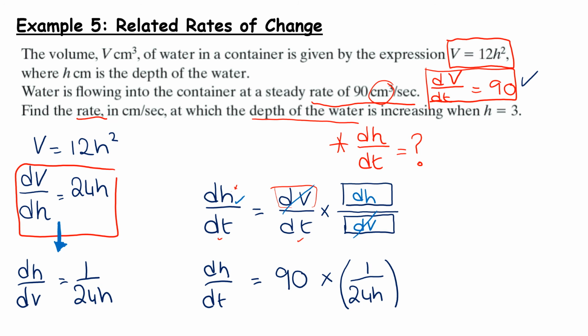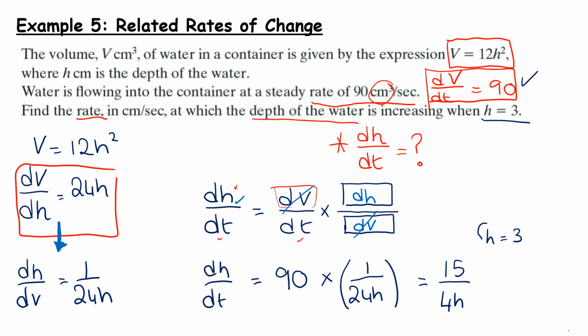Multiply across the top and across the bottom, and we can simplify, and I get 15 over 4h. So it was really 90 over 24h, but we can simplify the top and the bottom. 6 goes into both. Again, this is giving me the rate at which the depth of water is changing. I actually want it when h is 3.